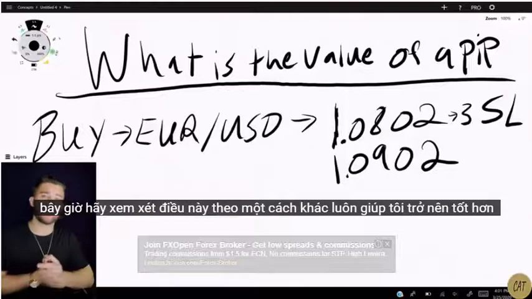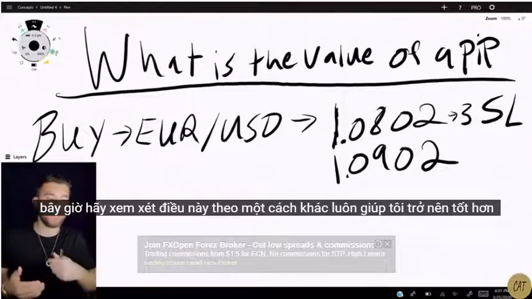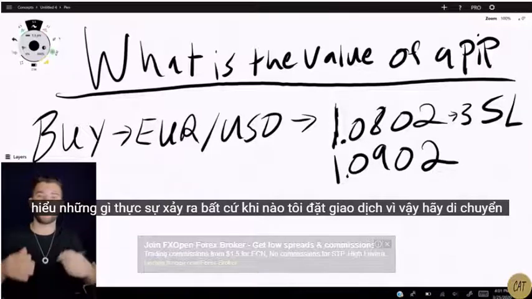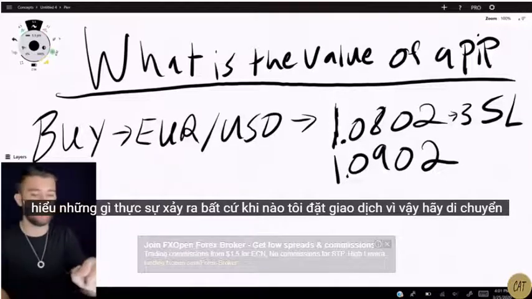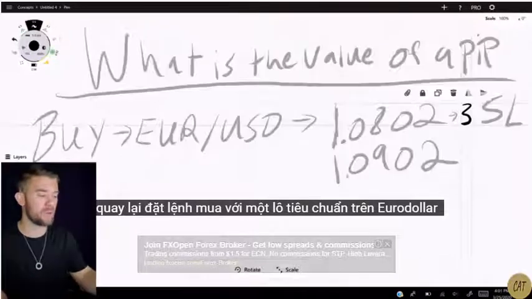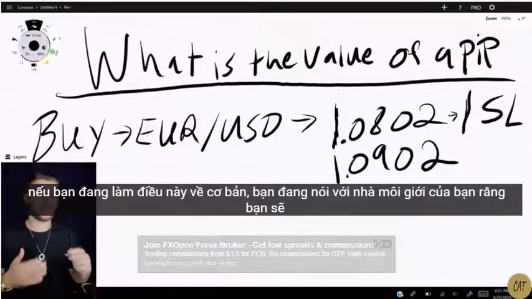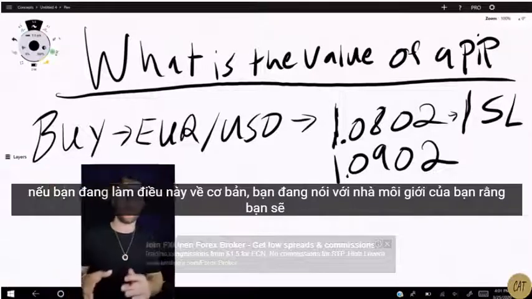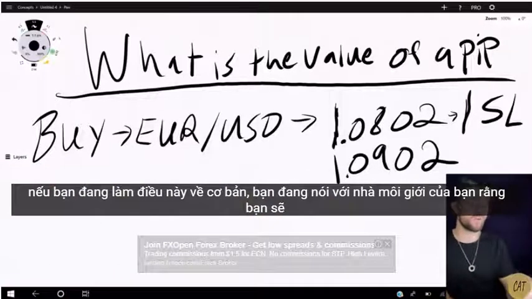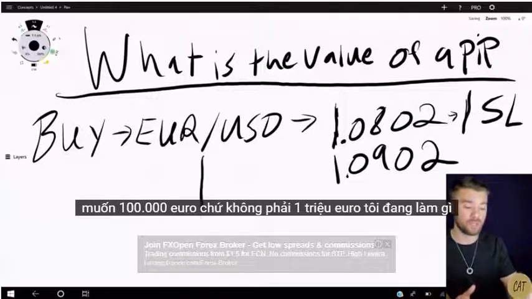Now let's look at this in a different way that always helped me to better understand what's actually going on whenever I place trades. So let's move back to placing a buy order with 1 standard lot on the euro dollar. If you're doing this, essentially, you are telling your broker that you are going to want 100,000 euros.